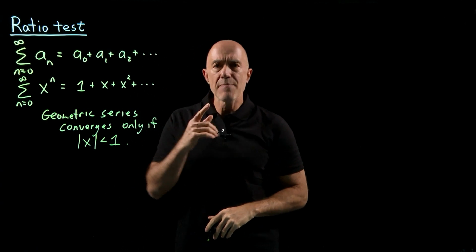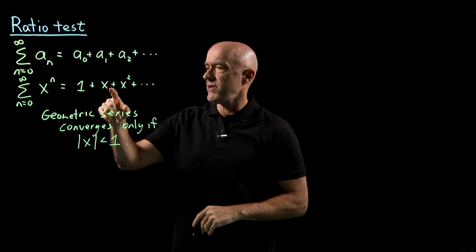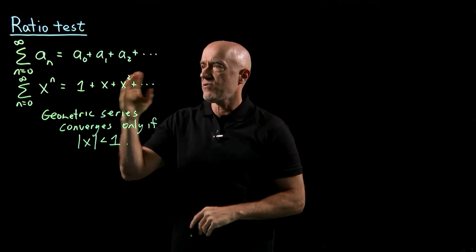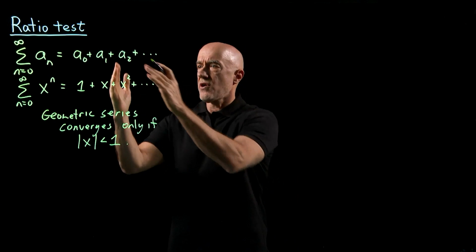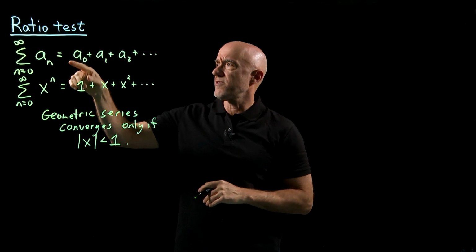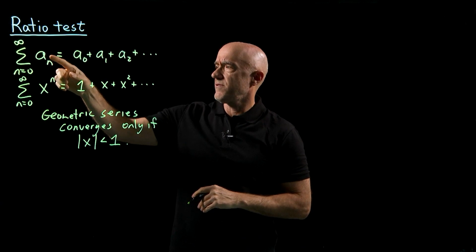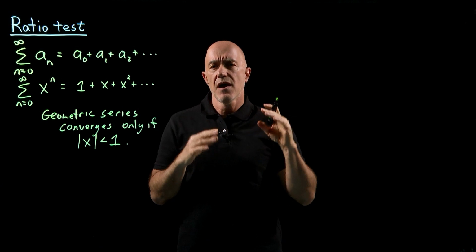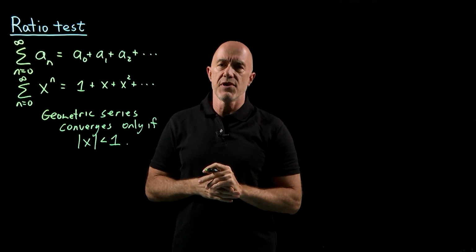The property of the geometric series is that the ratio of consecutive terms is equal to x. So as the series goes out to infinity, the only thing that's going to be important for our general series is what is the value of the ratio of consecutive terms.